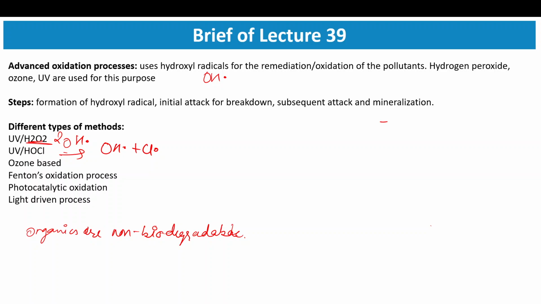It is the tendency, how fast or how efficiently that compound or radical is able to oxidize. Here we use the one having the highest oxidation potential. Chlorine is also a radical, so it also oxidizes, but its oxidation potential is much lower compared to OH, which has the highest. So both of them oxidize the organic compounds.